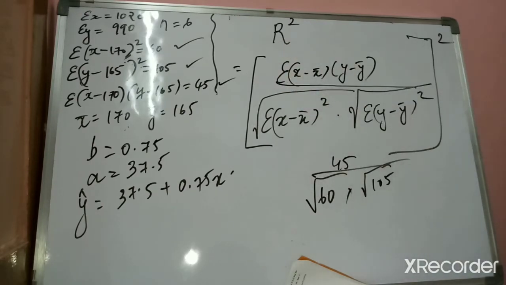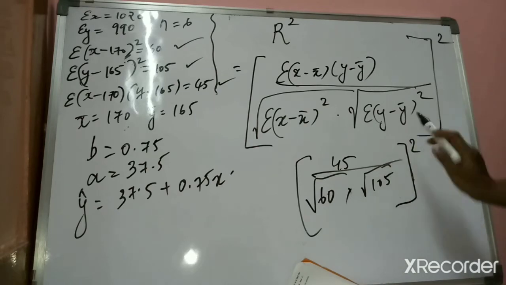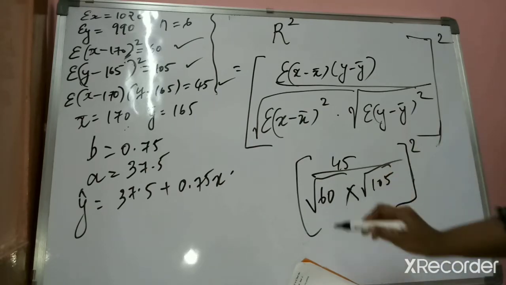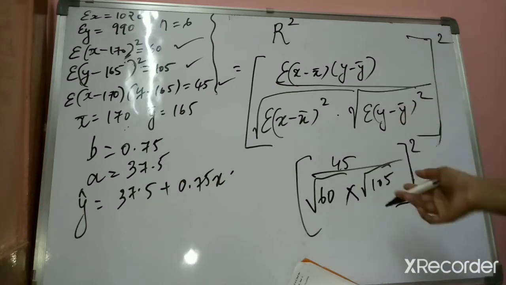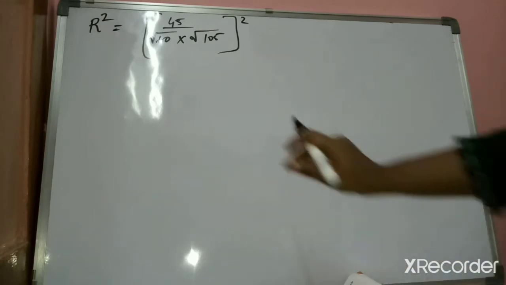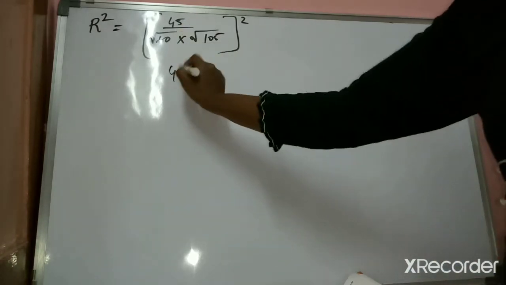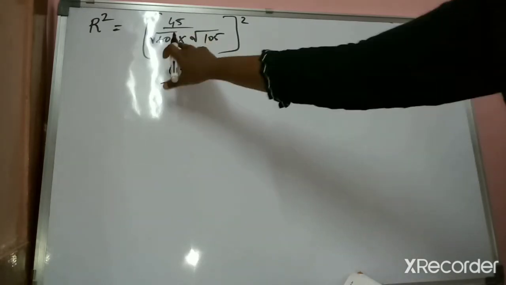So how would you calculate? See, like this it would be, then the whole square root you have to write it like this. So up till now it is clear to you. This much values you have to keep. Now the next, how would you calculate? Now look, 45 is in the numerator, clear. Now the square root of 60, take out your calculator, take out the square root of 60.